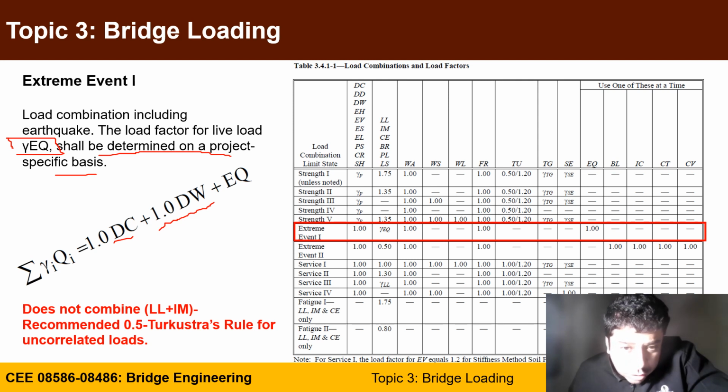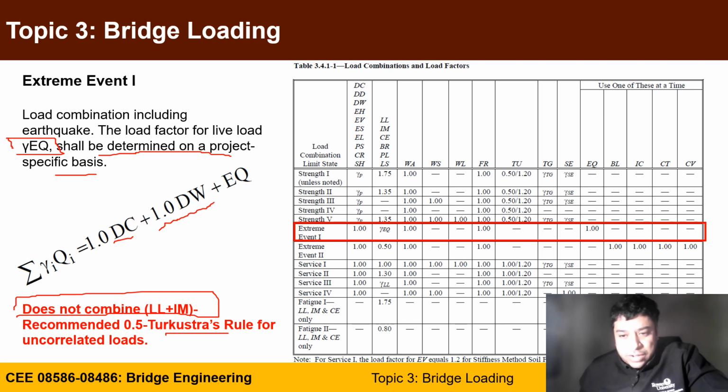So live load is not included here because it does not combine with IM and IM plus N, because we are using the Ferry Borges rule, which means that earthquake will not happen during the extreme live load or normal live load operation. So you only have one factor for DC, one for DW. You will have one for earthquake. Okay, which pretty much you can see here. Okay, this is extreme 1.